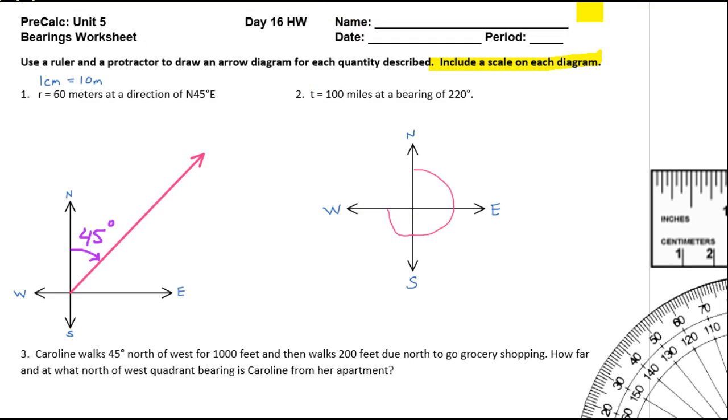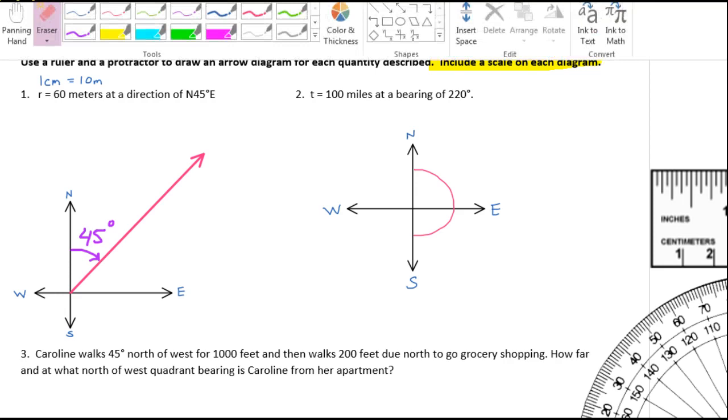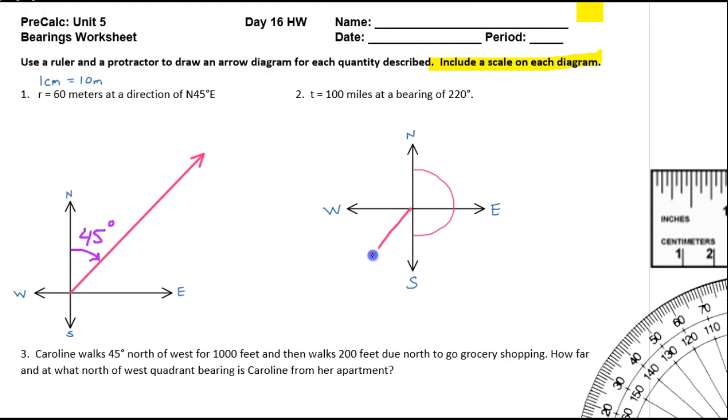So I know that we're talking about the third quadrant here. This is supposed to be a bearing of 220 degrees. So it would be useful to know what the reference angle is.